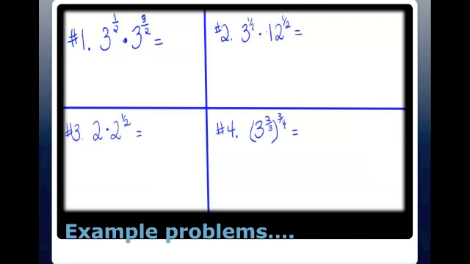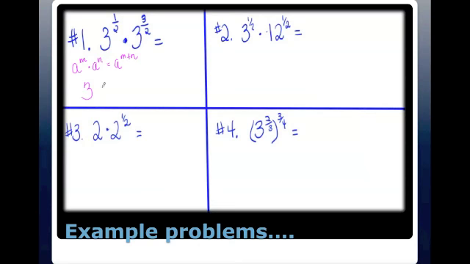Here are some examples for us to look at. But again, we're using exactly the same rules. For this first one, we're using the rule that a to the m times a to the n equals a to the m plus n. It's just this time when we're adding fractions.